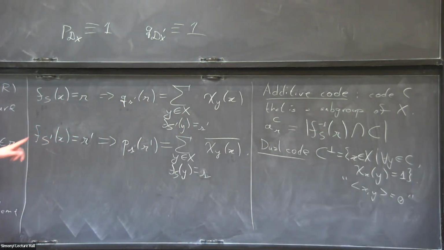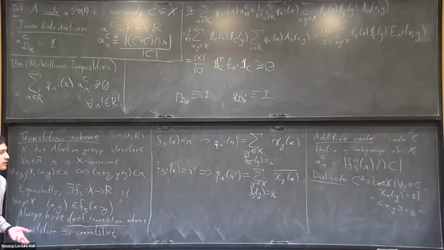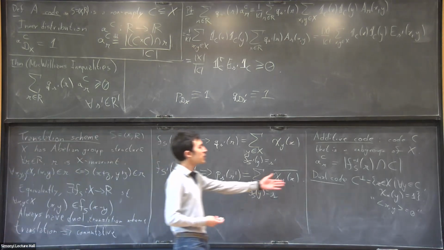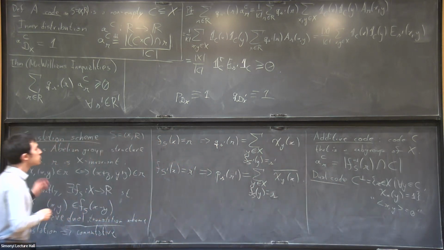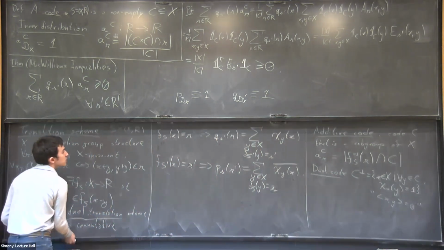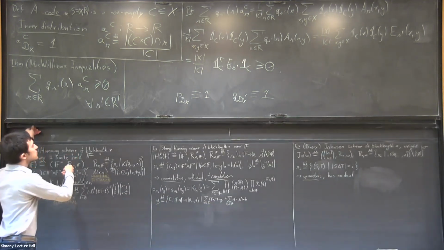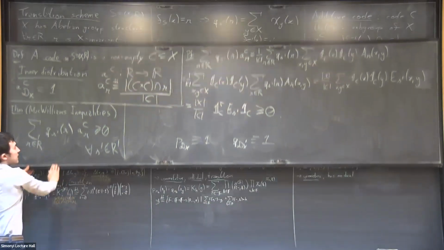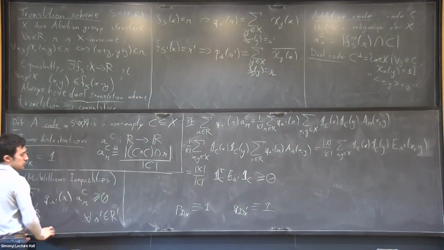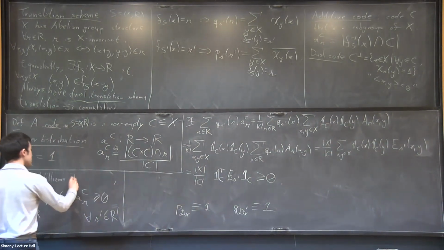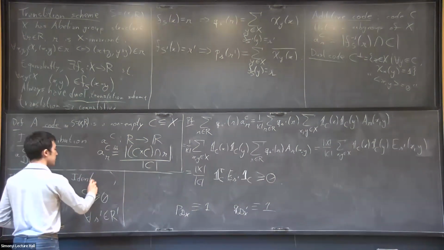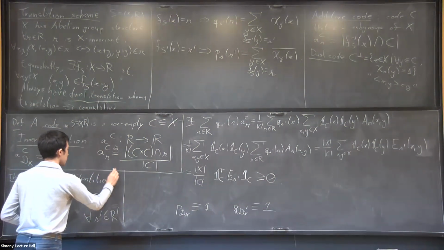Let me point out that you really want to think about the dual code as if it was living in the dual scheme, not really in the primal scheme, even though it doesn't matter because it's a subset of X. The reason is that you have what are called MacWilliams identities.